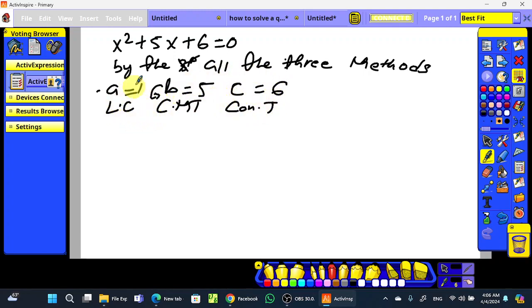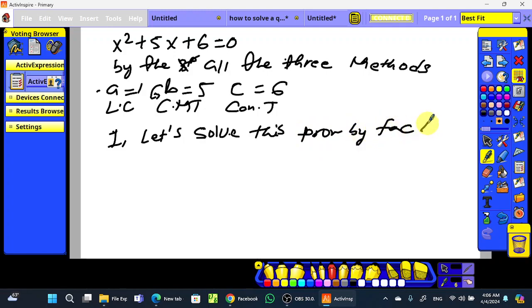So before you jump in, let's say number one, let's solve this problem by the factoring method.